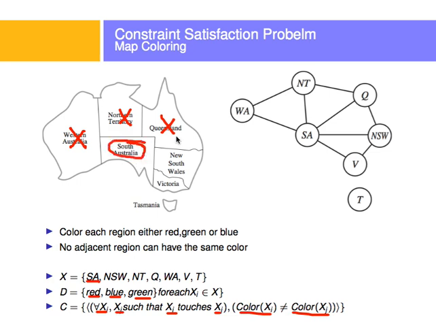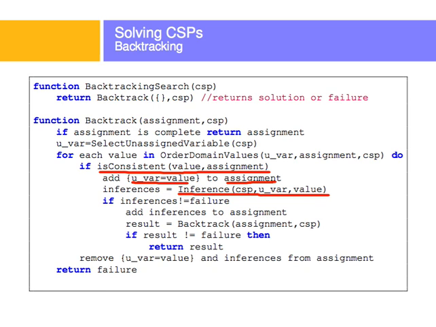Or if we assign two colors, because there are only two colors left, we can already infer what this color is going to be, so we don't need to make it part of the assignment. We just do all the possible inferences, and then we continue with the next variable to assign. That's one important point of this tree visiting: we do the inferences.